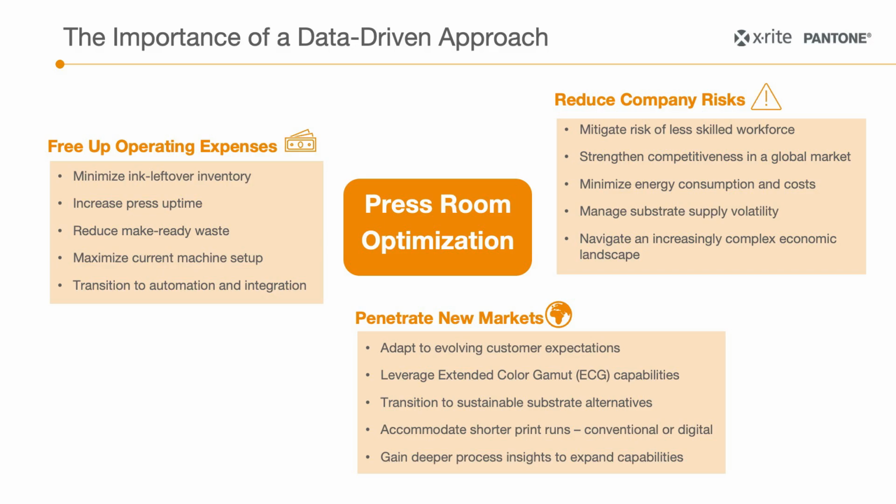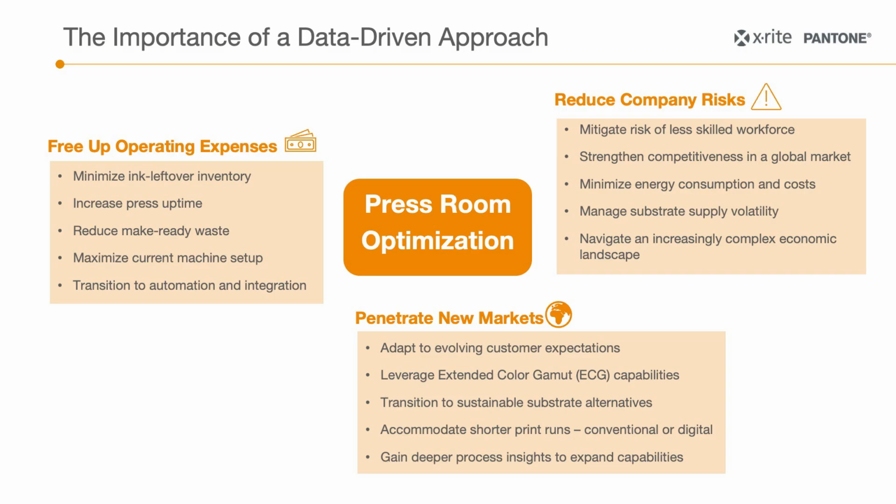And then a third aspect that is important is that you can, with an optimized press room, better penetrate new markets. You understand your current process better. You can adapt better to changes in the market. And then we're talking about extended color gamut, transitioning from conventional to digital, for example, because of shorter print runs.